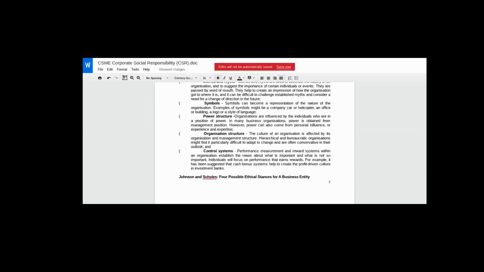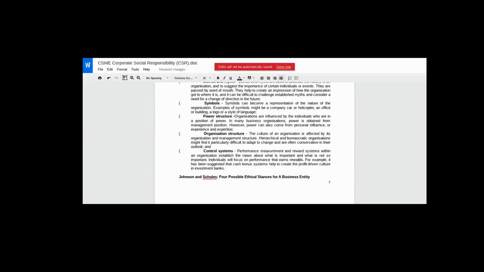With this control measure too, we have to inform the staff that the control measure gives us the opportunity to reward high performance. In our performance appraisal, under the control measure, we have to inform them that individuals will focus on performance that earns reward.